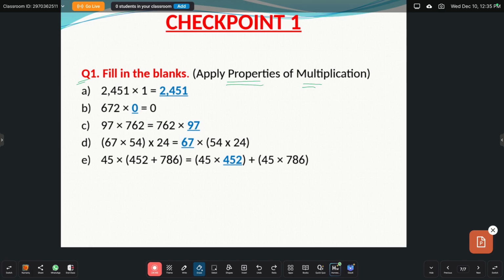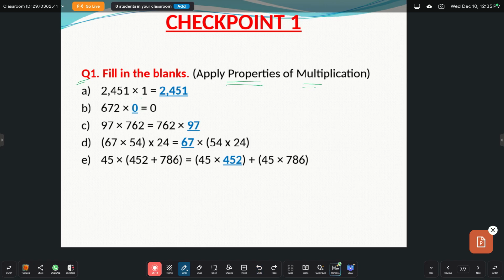As per identity property, if we multiply any number by 1, the product is the number itself. What is the number here? 2451. So the product here will be 2451.